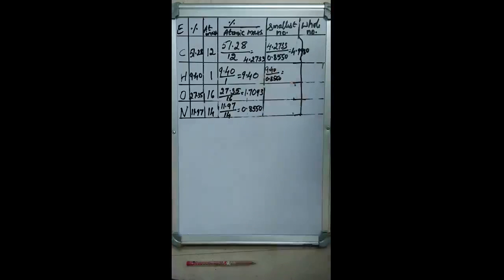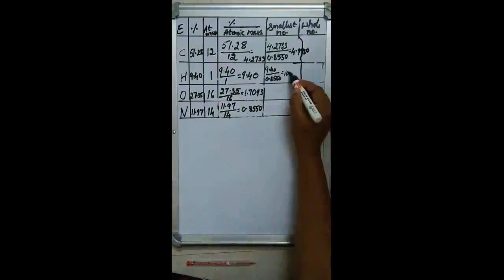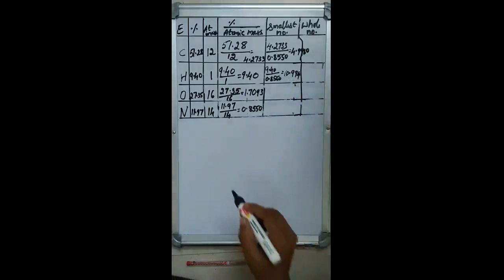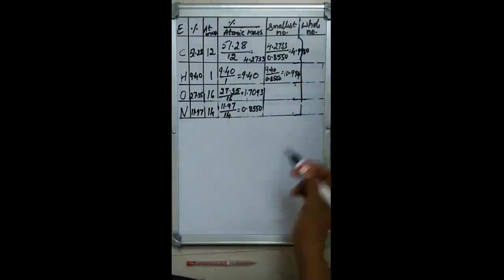So what is the answer you will get? Do it fast. Okay, before I write my answer, you should finish writing your answer. So what is the answer you will get? 9.40 divided by 0.8550. The answer is 10.994.